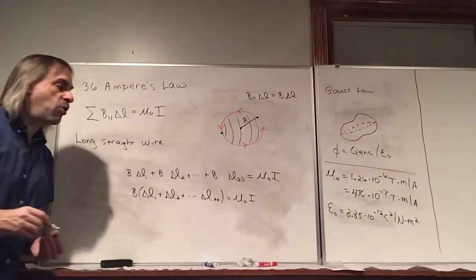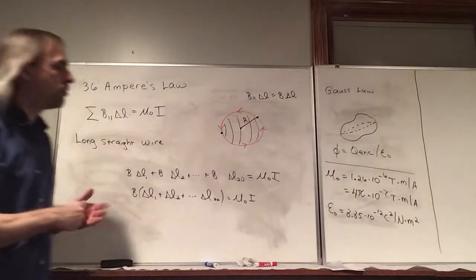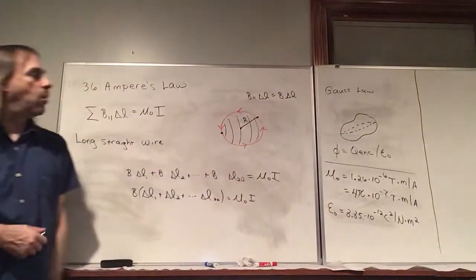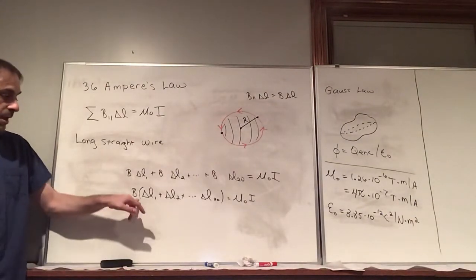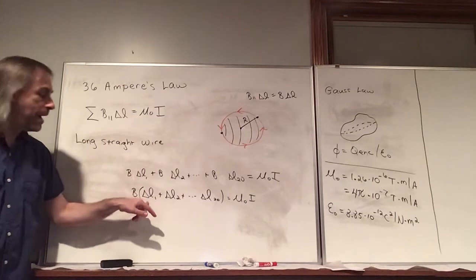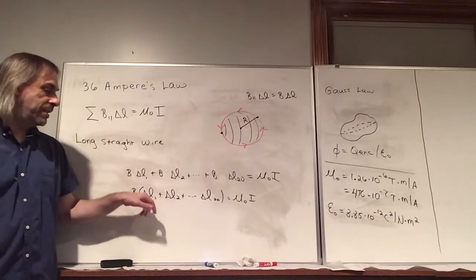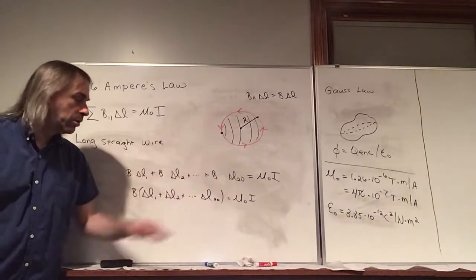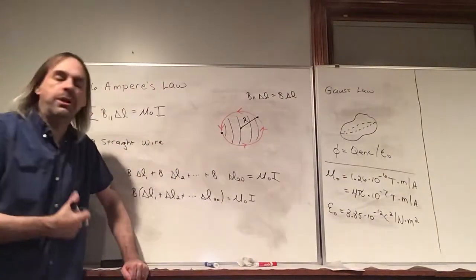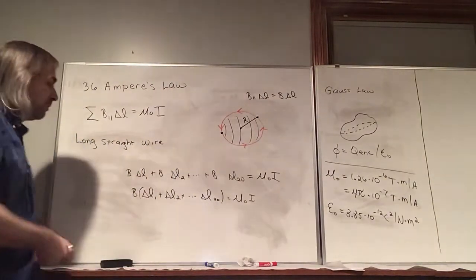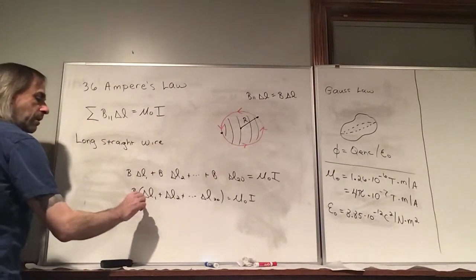And that's proportional to whatever current is passing through it, which in this case is just one wire. Okay, now we have one more thing remaining: this thing in parentheses, delta L1 plus delta L2 plus up to delta L20. It turns out this is actually trivial. I can add that up, no problem.